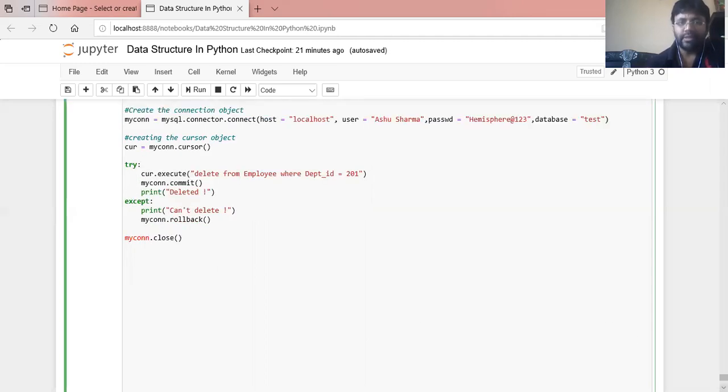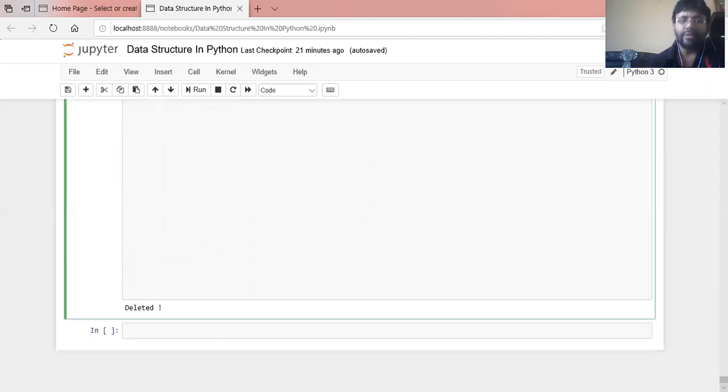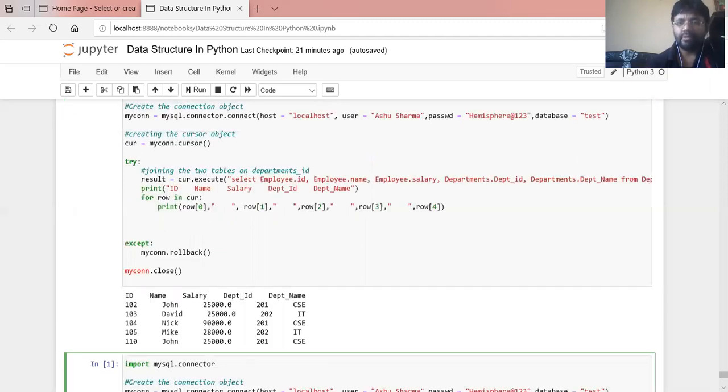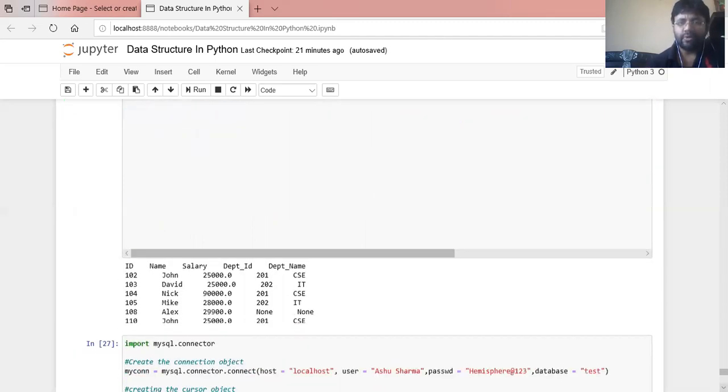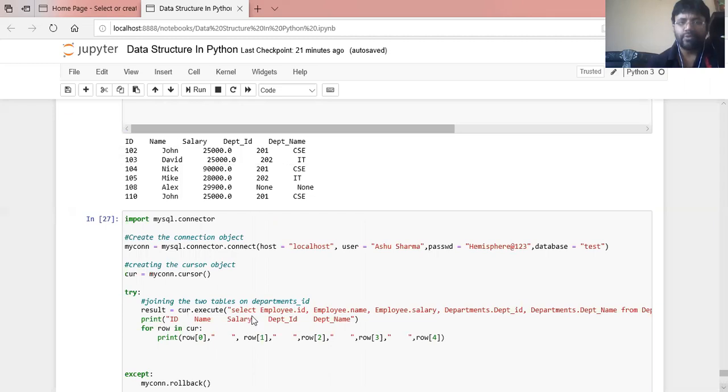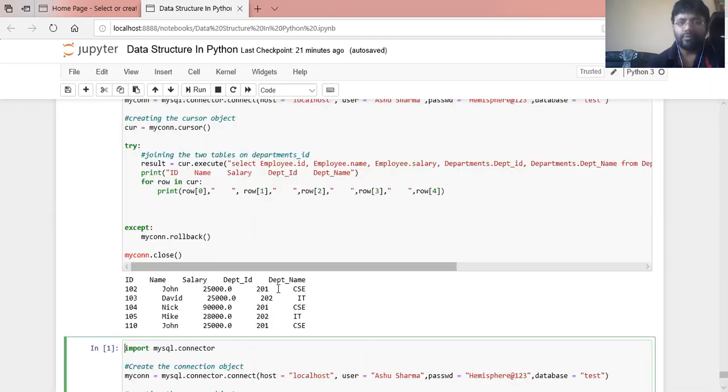When you run this, it will give you deleting. As we created previously, we had a table with 202, 201, 201 CSE, 201 CSE.